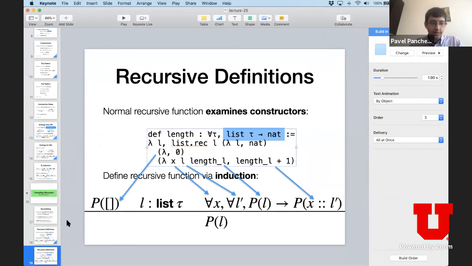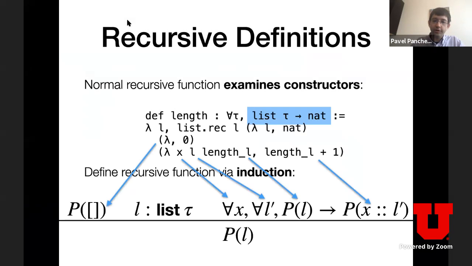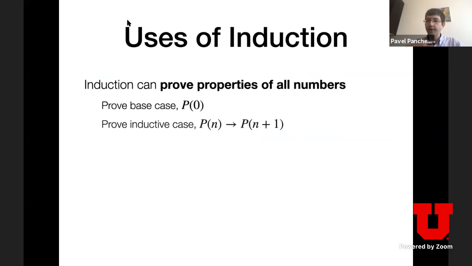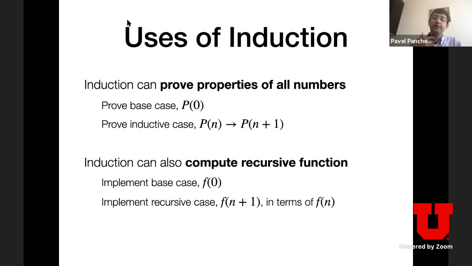So basically what we've seen here is that we can use induction both to prove properties about all elements of some data type. Like for numbers, you prove a base case P of 0 and prove an inductive case that P of n implies P of n plus 1. But it can also be used to compute recursive functions. You have to implement a base case, namely f of 0.